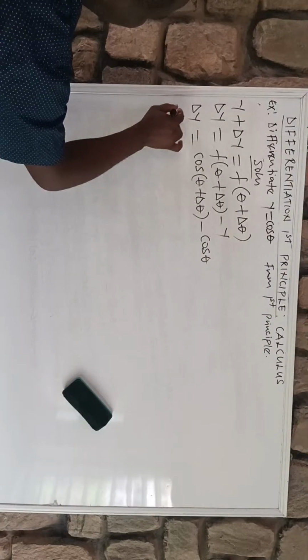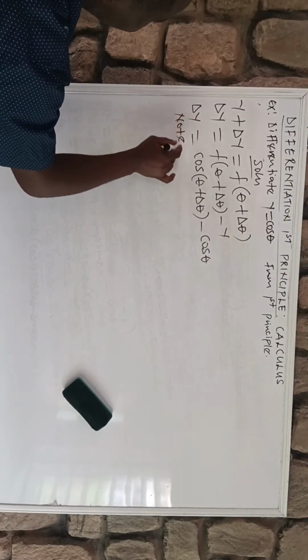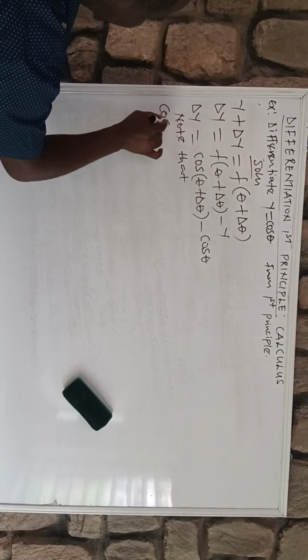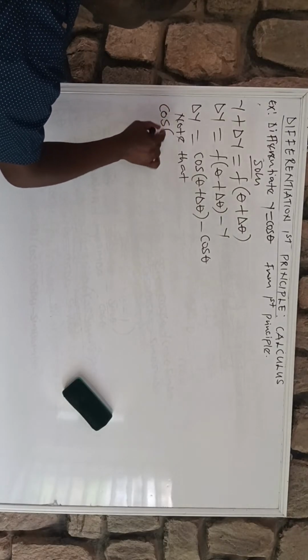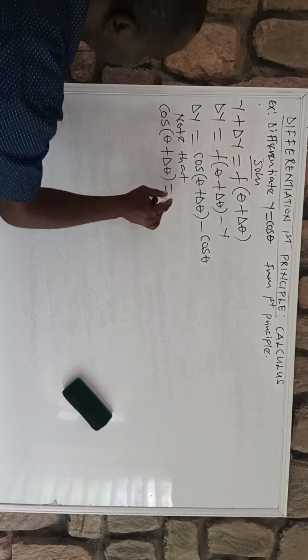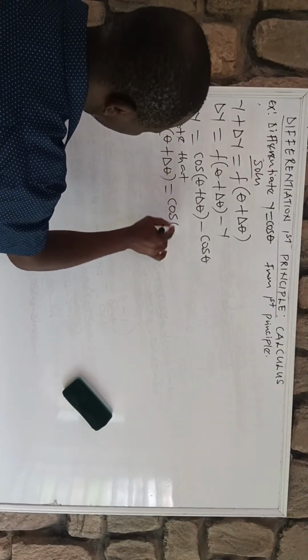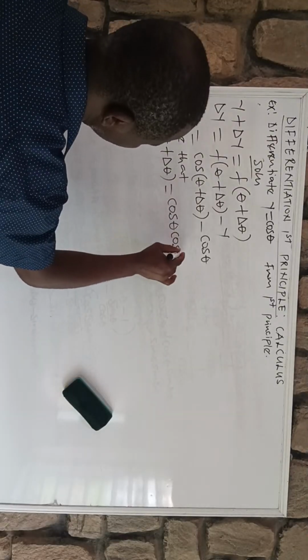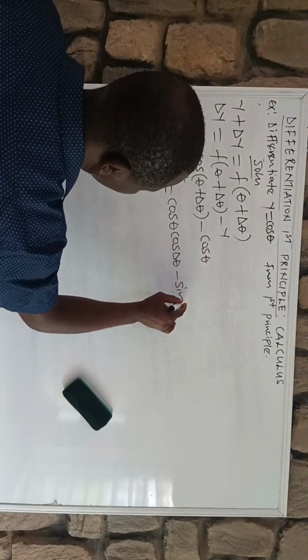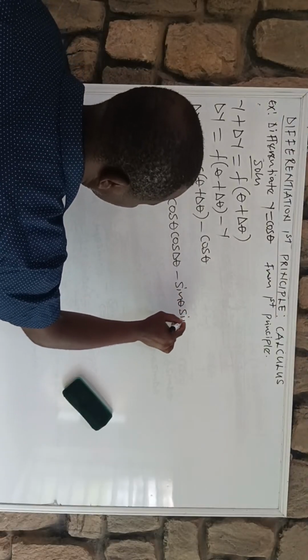Note that cos open bracket theta plus delta theta is equal to cos theta cos delta theta minus sin theta sin delta theta.